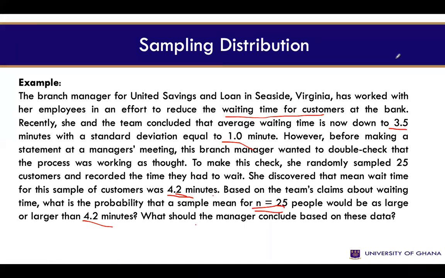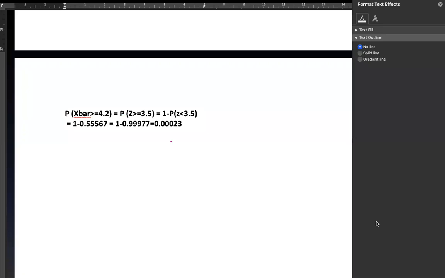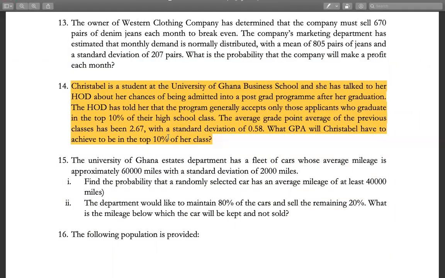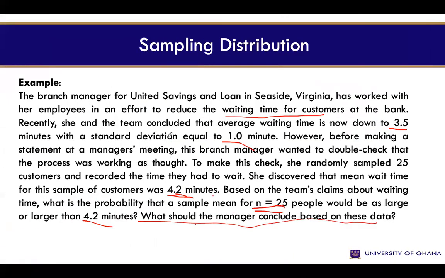Okay, Eben, since your hand is up, you are not going to ask a question, you're going to answer my question. What should the manager conclude based on the data? We found that the probability that the time would exceed 4.2 is actually negligible, like 0.00023. What should be the manager's conclusion?